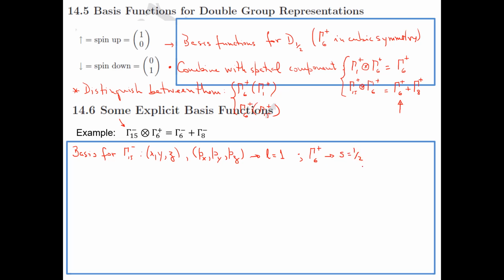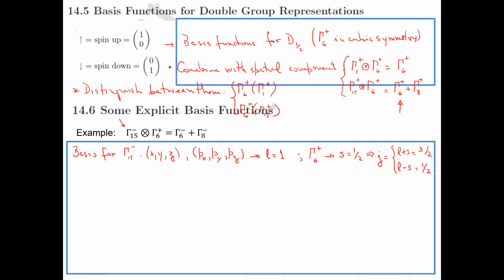So this is the typical example, and we have seen that before in the previous lecture, in which I combine orbital angular momentum L equals 1 and spin angular momentum S equals 1/2, and using the rules for addition of angular momentum, that gives me two possible values of J: L plus S, that's 3/2, and L minus S, that's equal to 1/2.